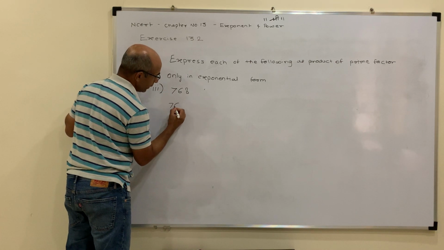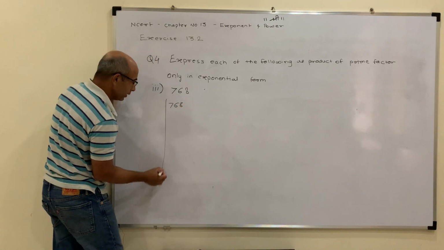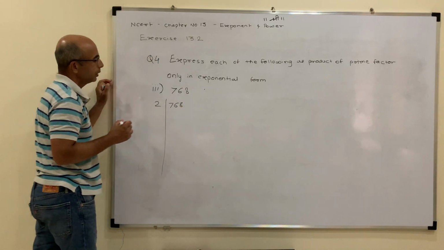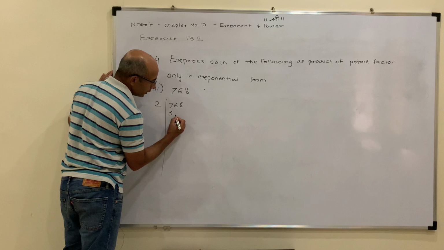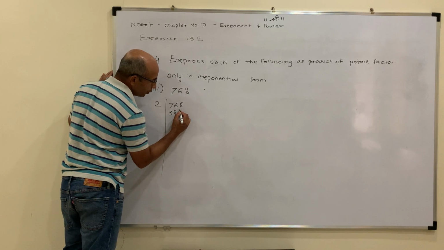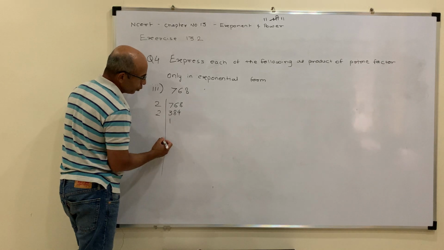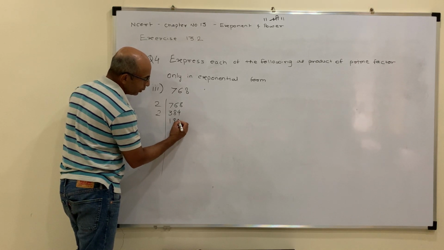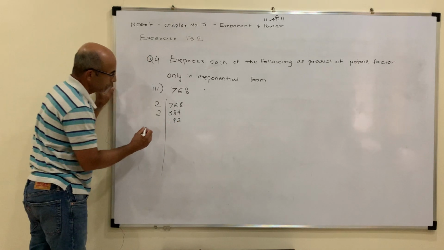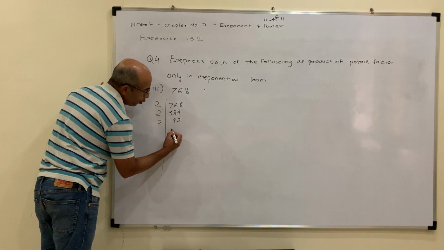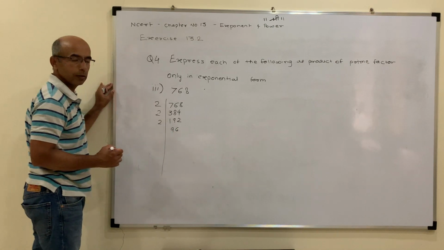Here again, 768. Let's find prime factors. 2 3s are 6, 2 8s are 16, 2 4s are 8, 2 1s are 2, 2 9s are 18, 2 2s are 4. Again 2 9s are 18, 2 6s are 12.